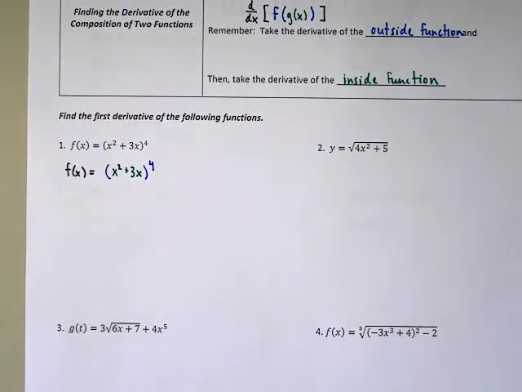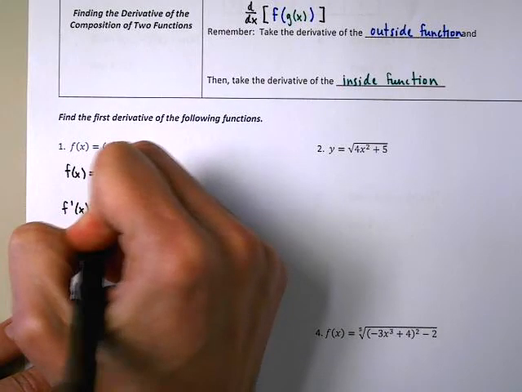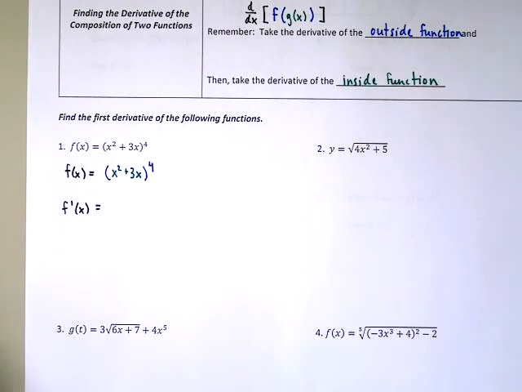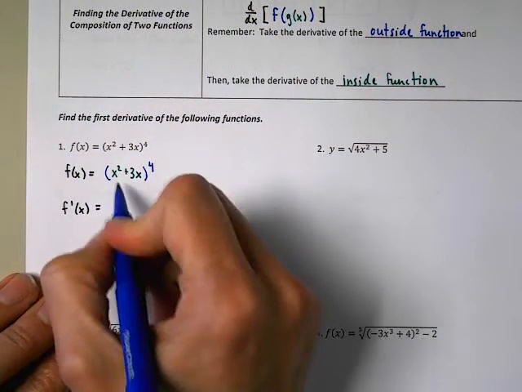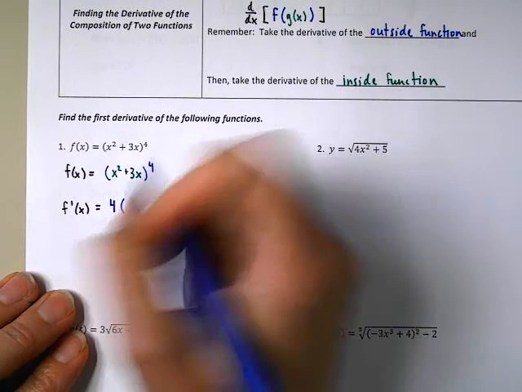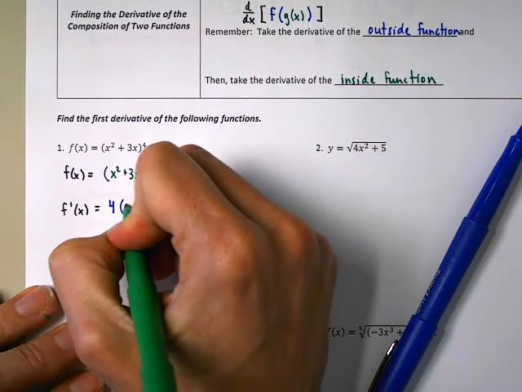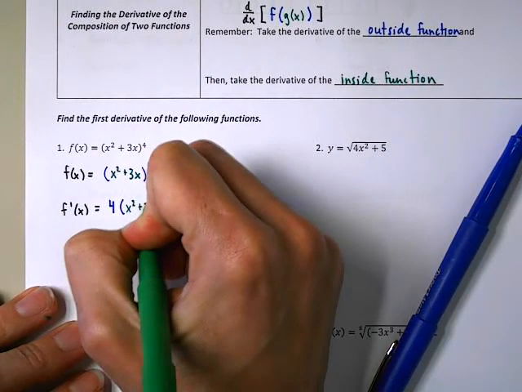Now in the next step, when I take the derivative, we're going to be finding f prime of x. So the first thing we're going to do is take the derivative of the outer function. My outer function is something to the fourth power. So I'm going to have 4. The stuff inside is going to stay the same for right now, so x squared plus 3x.